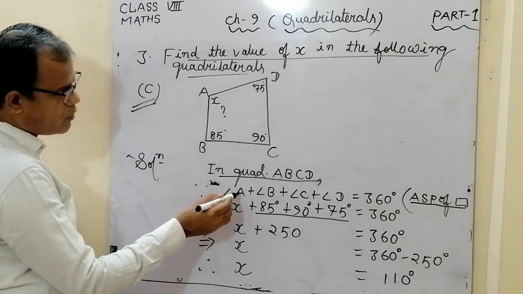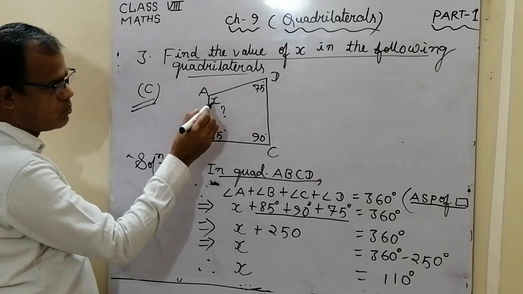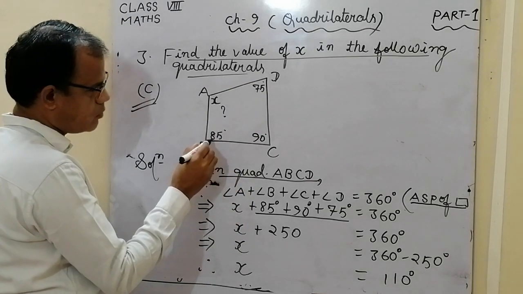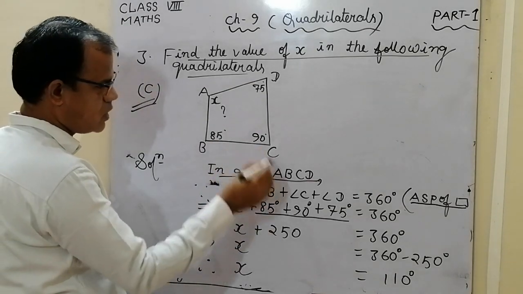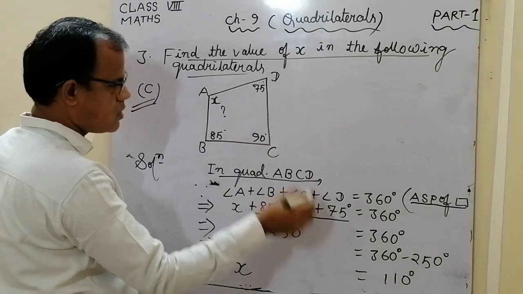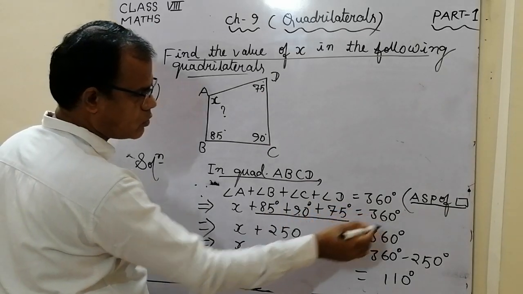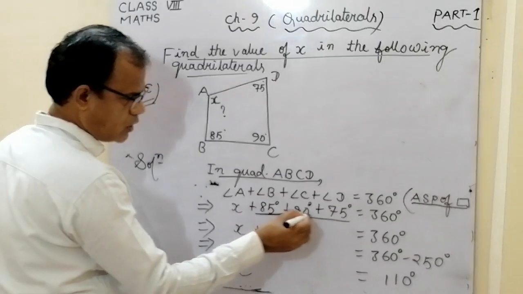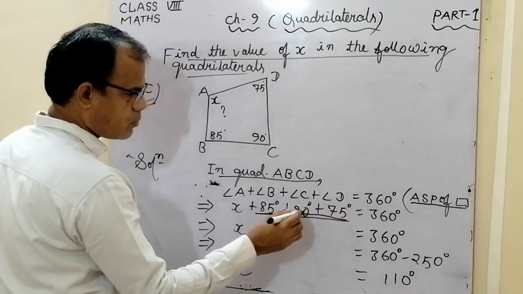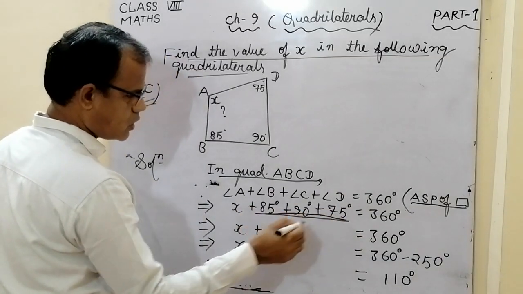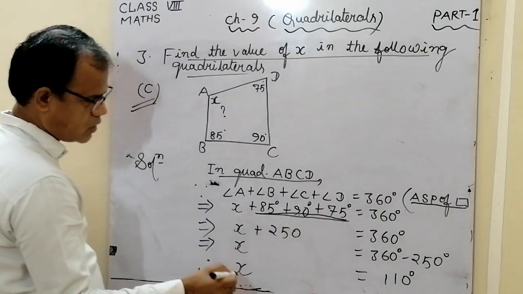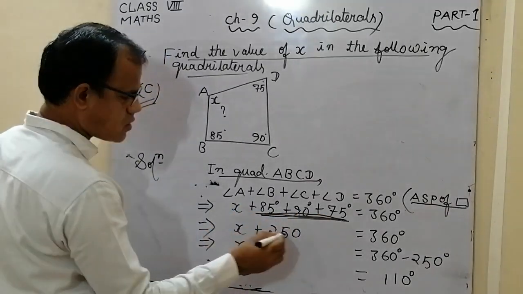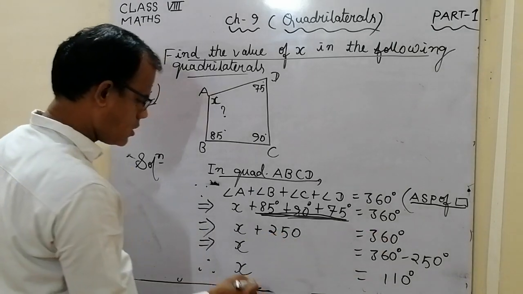In place of angle A we write x degrees, because in the figure it is x degrees. Angle B 85 degrees, C 90 degrees, D 75 degrees, equal to 360 degrees. So 85 plus 90 plus 75, the total sum is 250 degrees. So x plus 250 degrees equals 360 degrees.